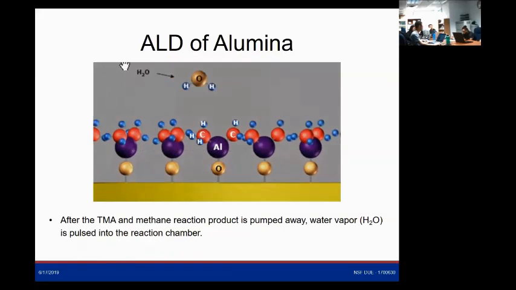Later on, you send your second precursor, water. And the water will now, okay, so I have CH3 here, and I have some hydrogen bonds here. So there's going to be another interaction between the two, and another methane gas will be formed, CH4, right?